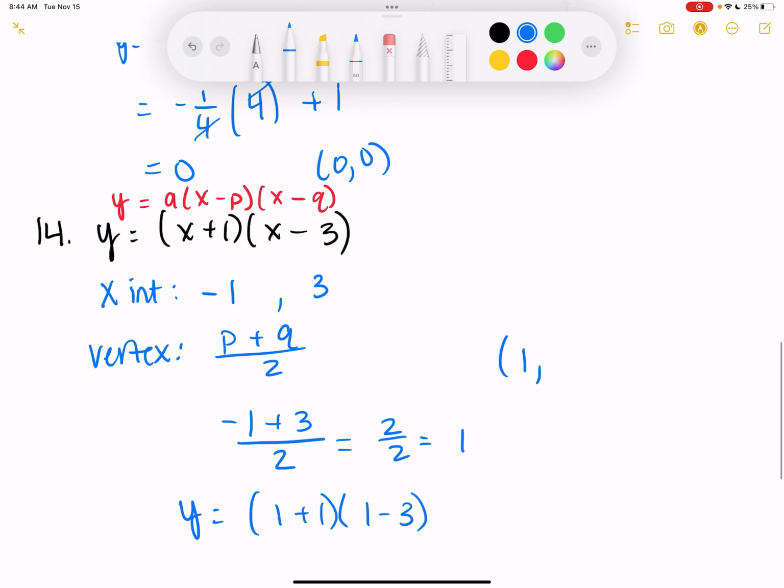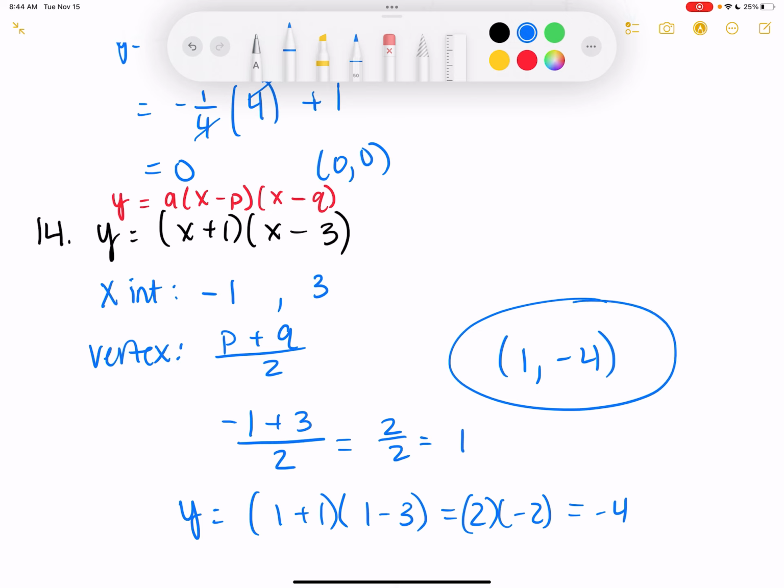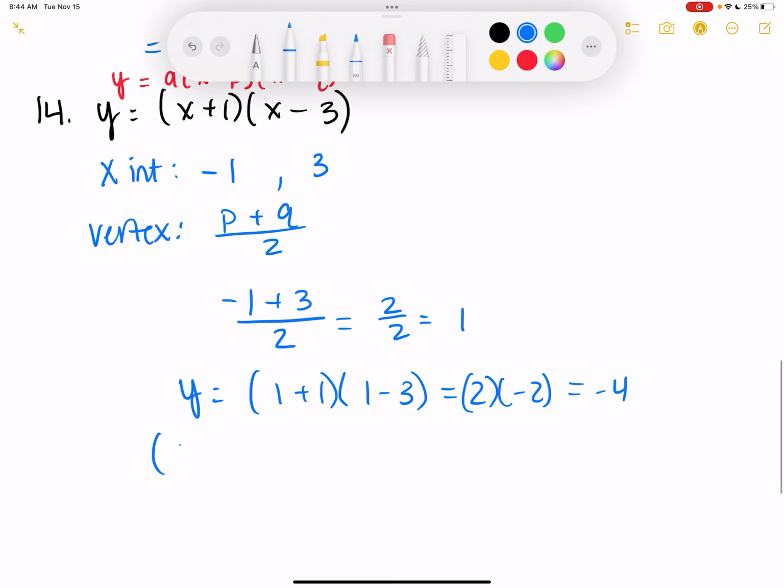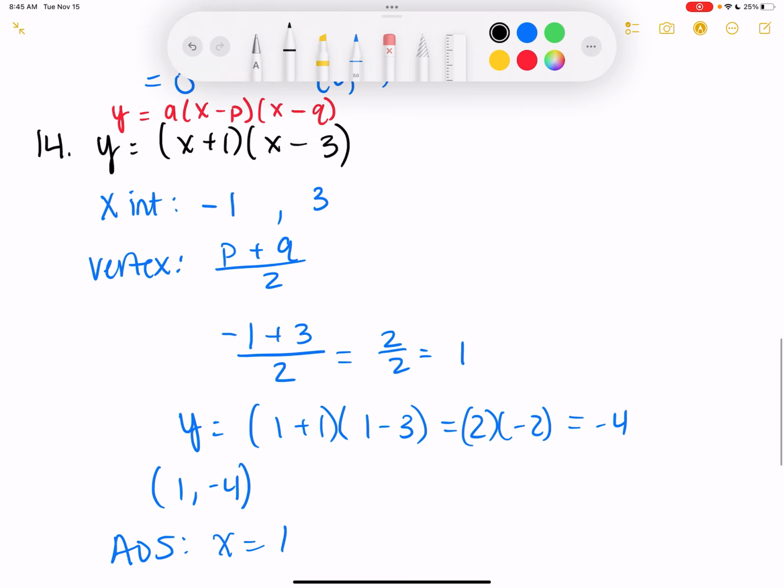So that's 2 times -2, which is -4. So my vertex is at 1, -4. Actually, I'm going to move this over so I can write my graph. There. So then my axis of symmetry is at x equals 1. And now I have everything that I need to be able to graph it.